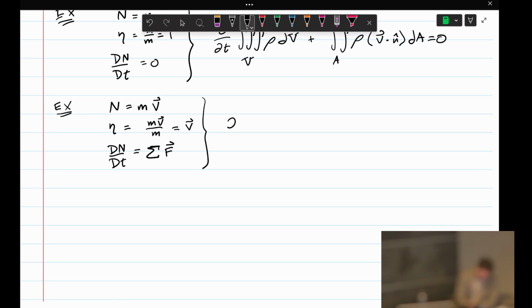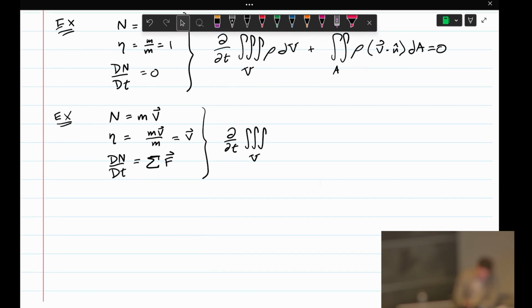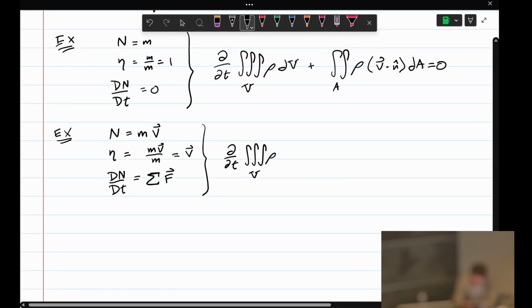So with these, we get the conservation of momentum that I showed before.